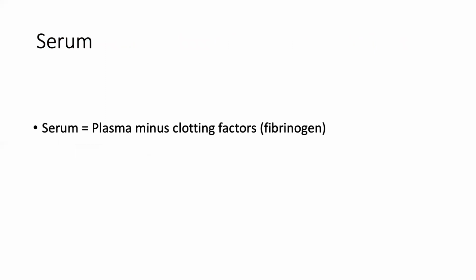Another vocabulary to remember is serum. So what is serum? Serum is plasma minus clotting factors. So if we remove clotting factors from the plasma, for example fibrinogen, then we will get serum.